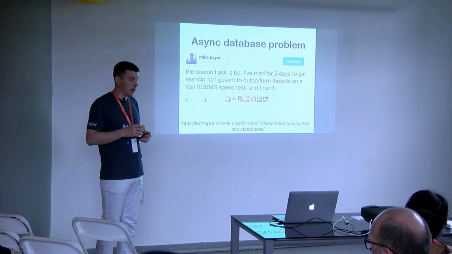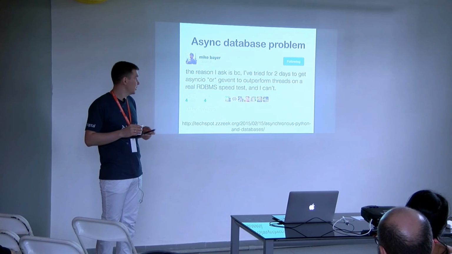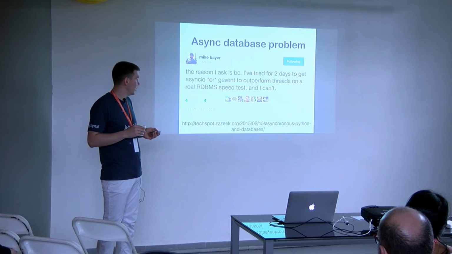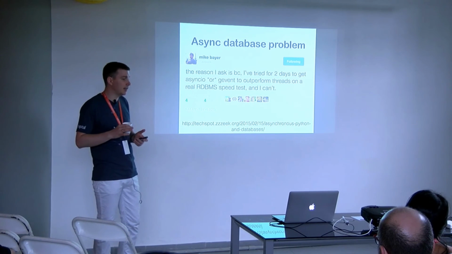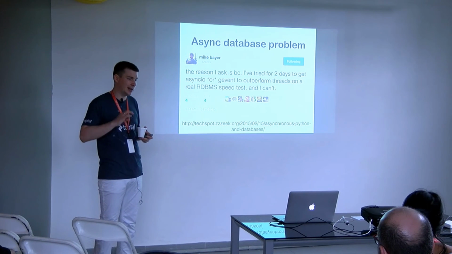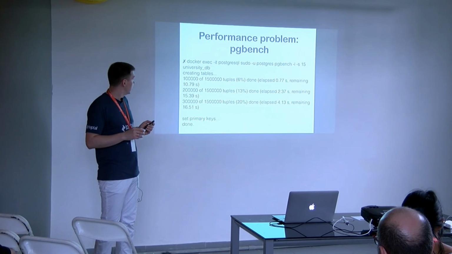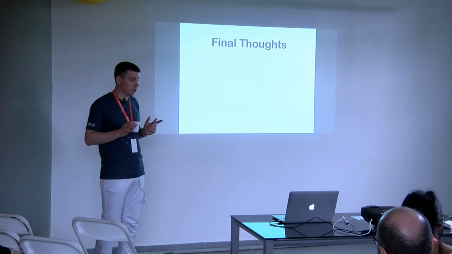Mike, the guy who made SQLAlchemy, created a great article where you can find his benchmarks about asynchronous Python and databases, and he figured out that not always an asynchronous client to a database is fast in Python code. You can find it. Okay, final thoughts.